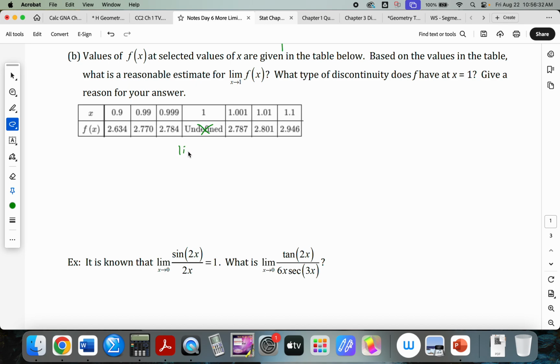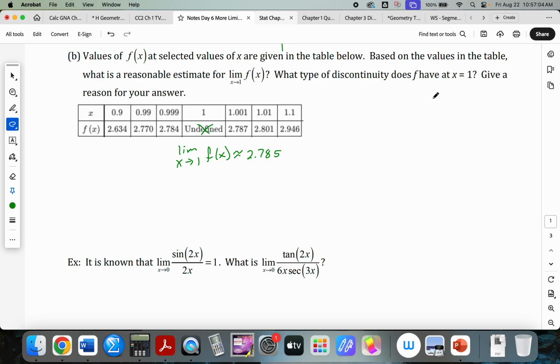So I'd say, okay, it says give a reasonable answer, which means there's probably more than one. What do you think? Yeah, either of those would be reasonable, wouldn't it? Right? Because it's in between what we know so far.